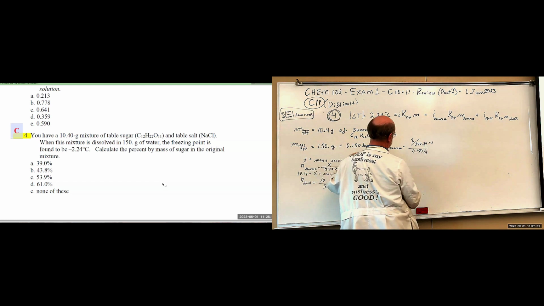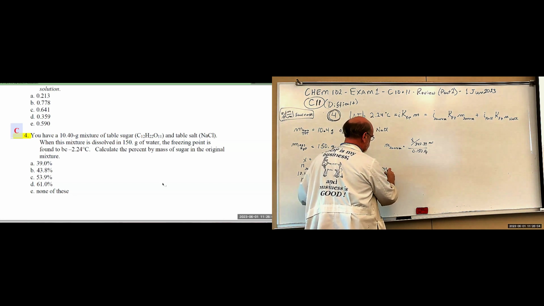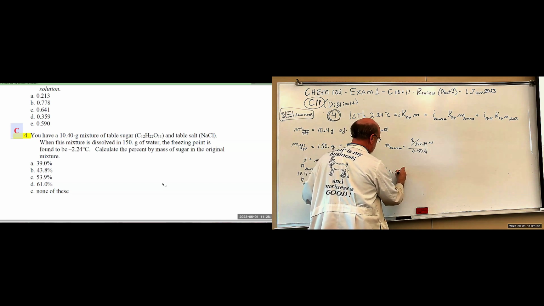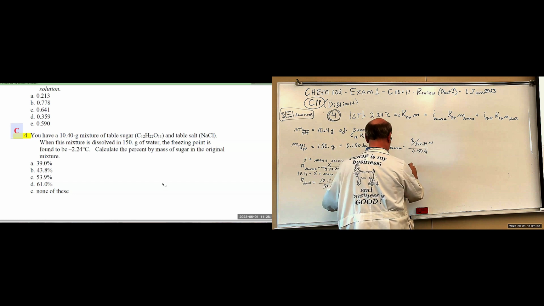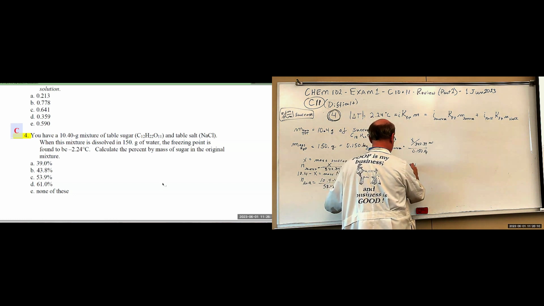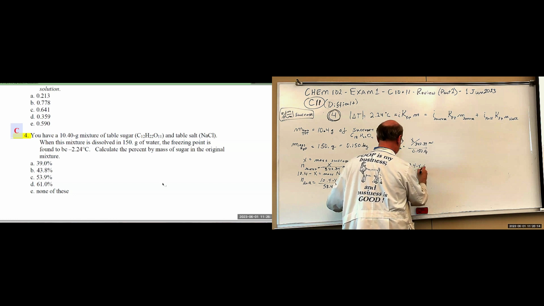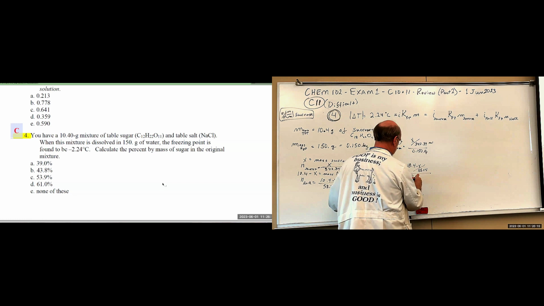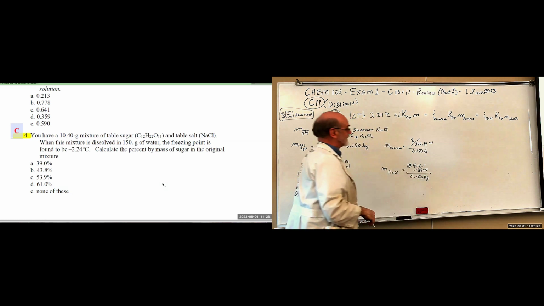The molality of sodium chloride is equal to 10.4 minus X divided by 58.45, that's also divided by 0.150 kilograms. Okay.